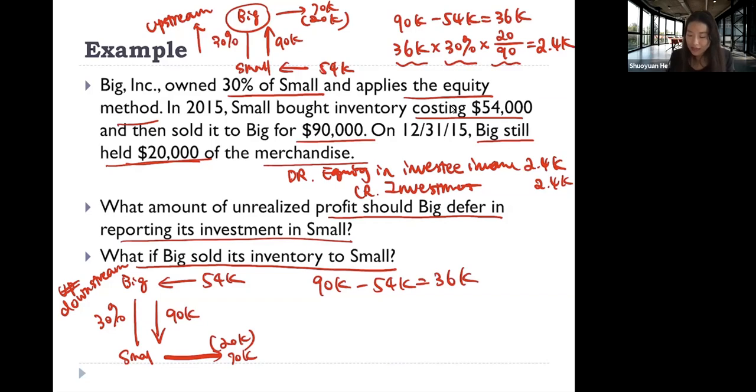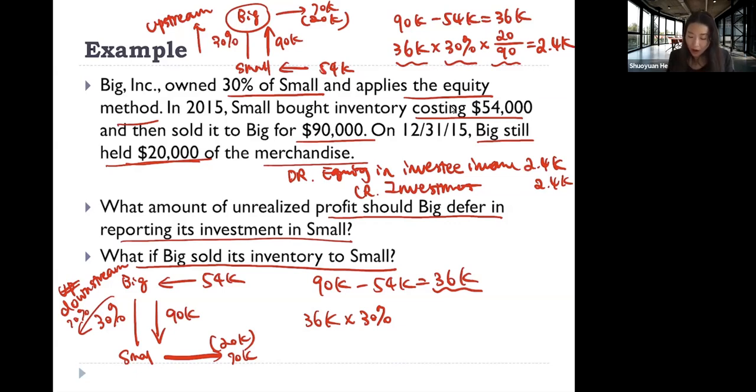But if you look at this 36,000, how much of it really is an intra-entity sale? Because Big owns 30% of Small, only 30% of this sale is an intra-entity sale. And the other 70% can be viewed as selling to some other shareholders of Small, so it is not really intra-entity.